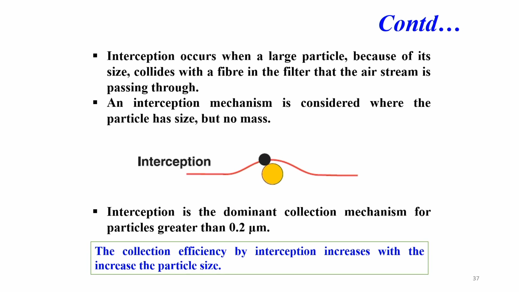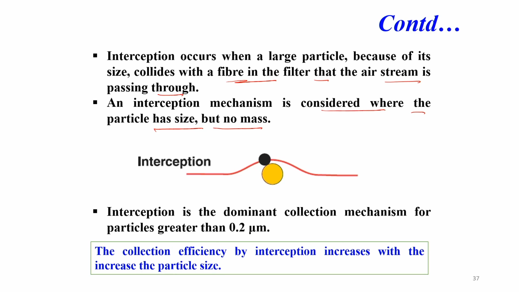Next is interception, which occurs when a large particle, because of its size, collides with a fiber in the filter while passing through the air stream. The interception mechanism considers the particle as having size but no mass, so there is less force on it.